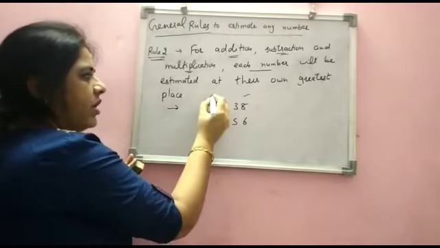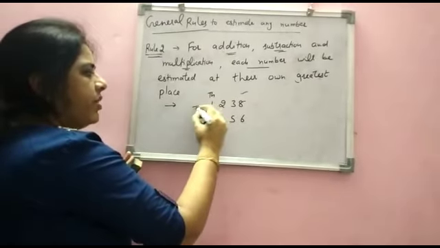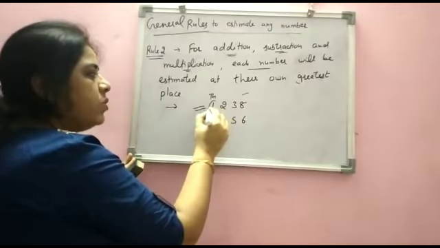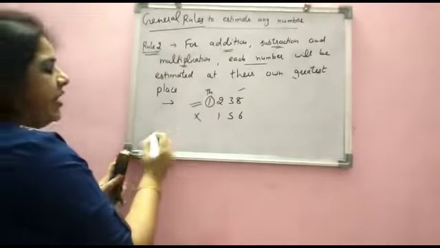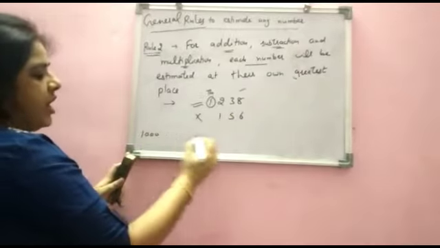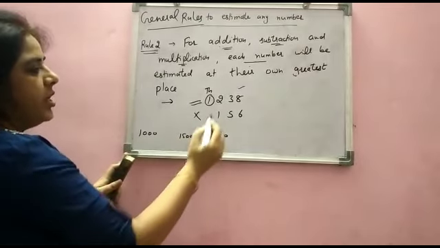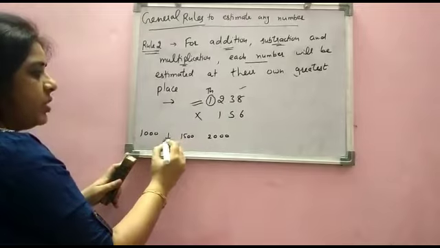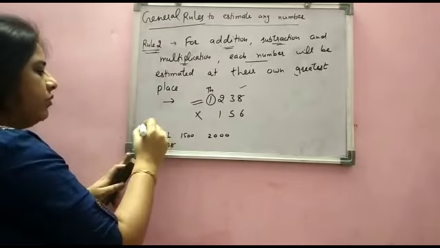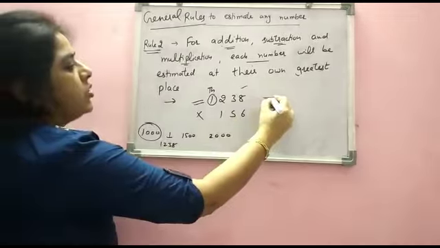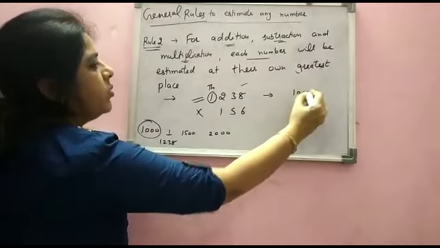Ones, tens, hundred and thousand. So this number will be estimated at 1000 place. It lies between 1000 and 2000. What is the halfway? 1500. This number is less than halfway, so it will go with 1000. So the estimate would be 1000.